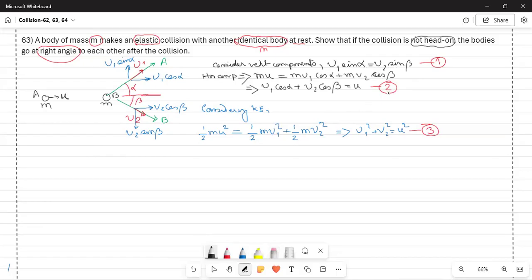I shall put it this way. From relation 2, what do we get?